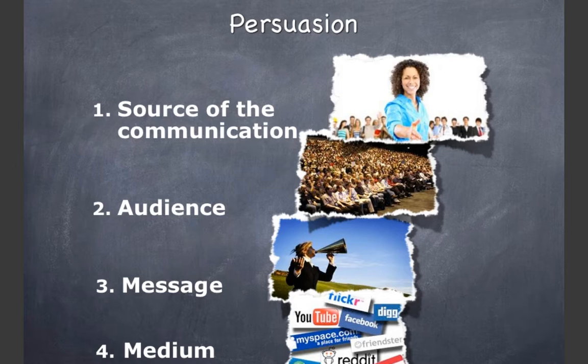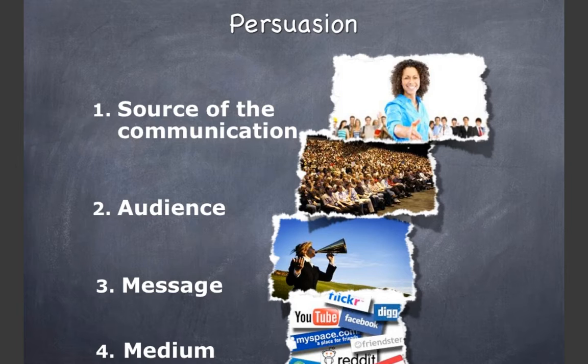Now, another element that contributes to persuasion is that of the audience. Now, as odd as this might sound, the lower the IQ of the audience, the easier they are to persuade. Now, that's not surprising, except we are often the audience. And if we find ourselves being persuaded, we have to ask ourselves, how simply have I accepted something and how little critical thinking did I apply to it?